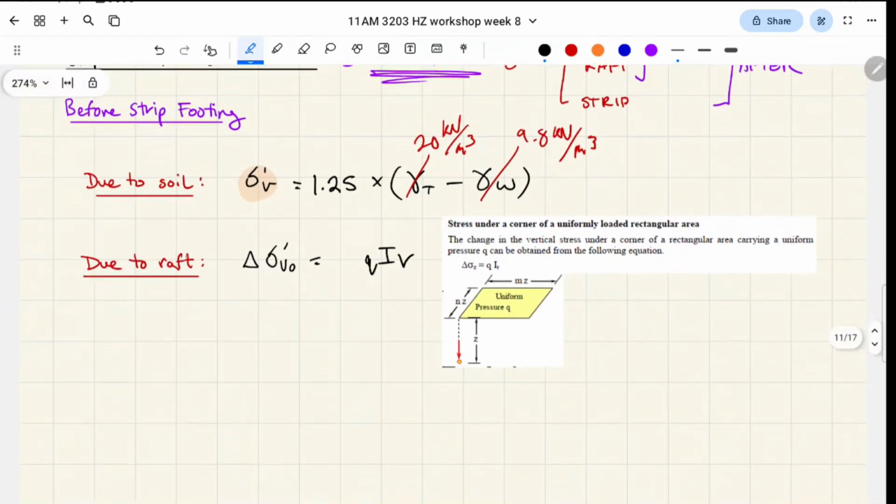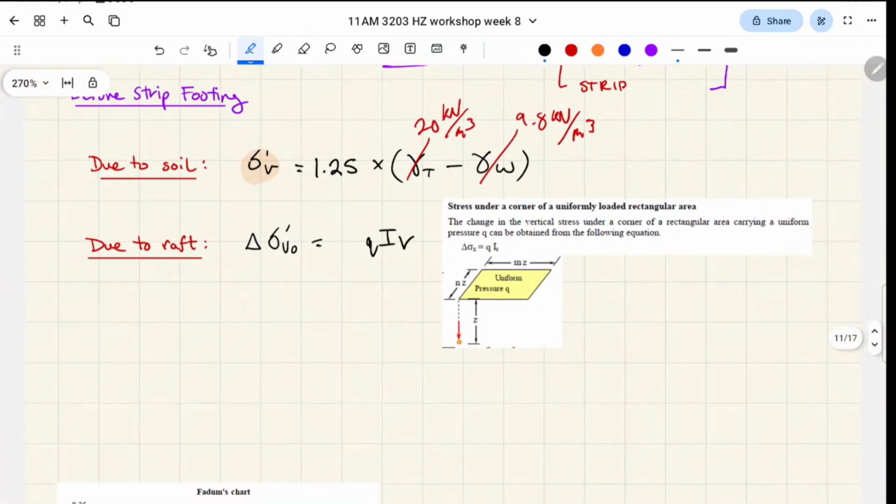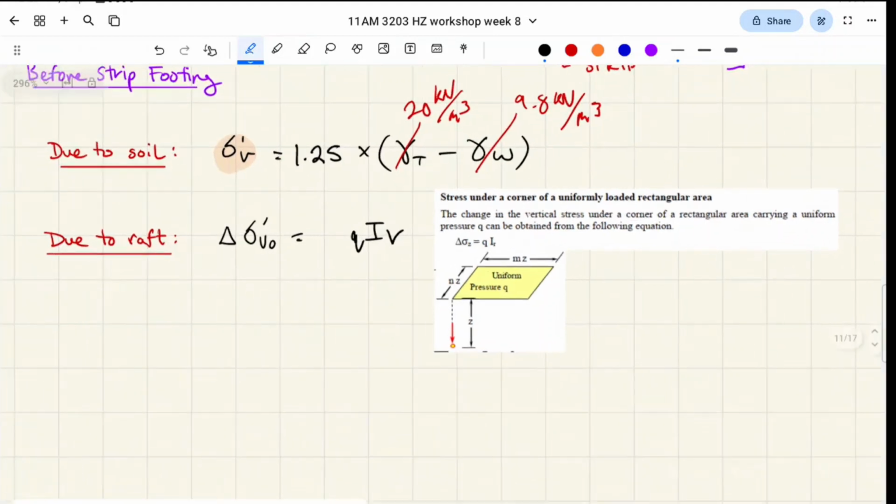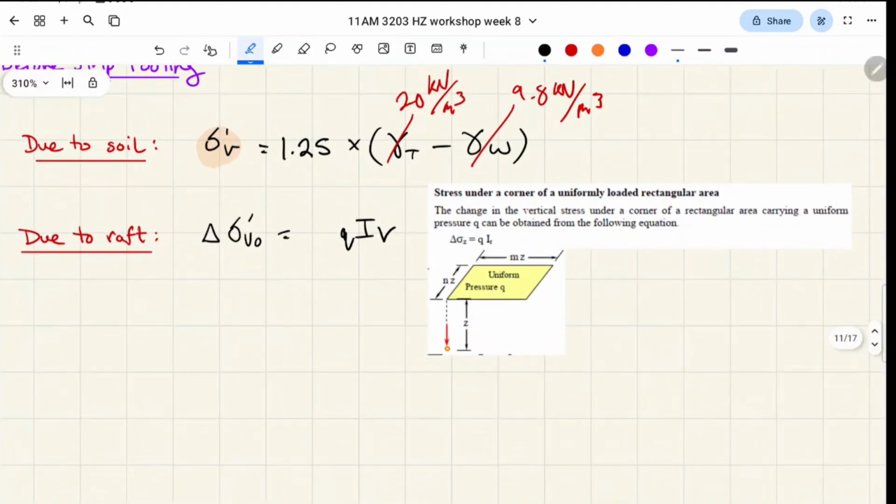The thing about Fadum's chart is that all the values you're going to get for IR, which is the influence factor, are going to be relative to if you took the sample from a corner of the footing.